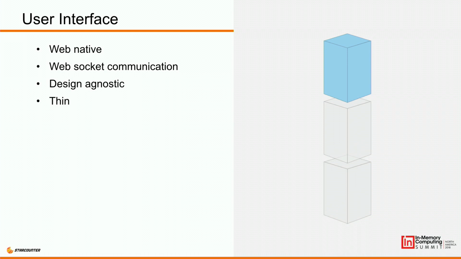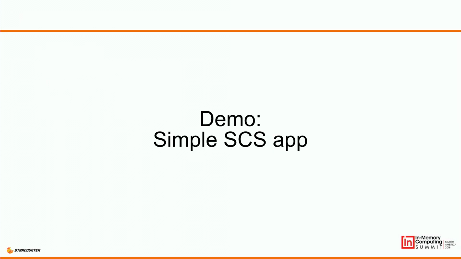What's different from the typical self-contained system application is that it's design agnostic, and by this I mean that the developer of the application does not really care that much about how it looks, because only when you combine multiple applications into one system, then this person, we call him the solution owner, defines the final look and feel. And the client is thin, so it's really not too much code to make it work, and I will show that in the demo that I would like to show right now.